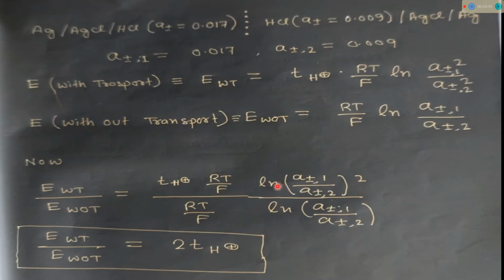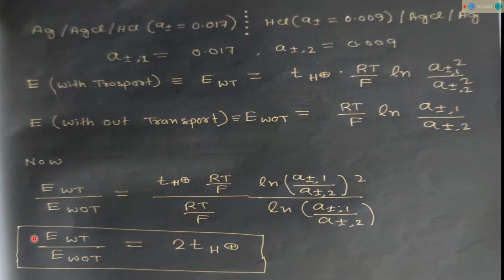The power 2 can come in front of the ln, since 2 ln (a± 1 upon a± 2) is ln (a± 1 upon a± 2)². This is just a mathematical property of ln. So the 2 comes before the ln, RT by F cancels out, the ln (a± 1 upon a± 2) term cancels out, and only 2t_H+ remains.